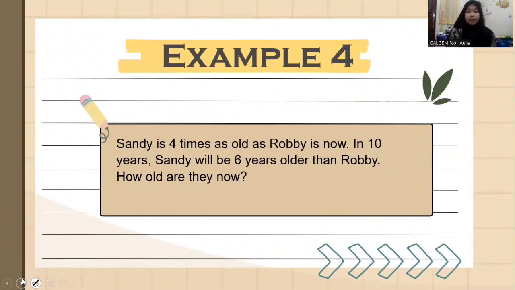Example 4. The question of example 4 is: Sandy is 4 times as old as Robbie is now. In 10 years, Sandy will be 6 years older than Robbie. How old are they now?